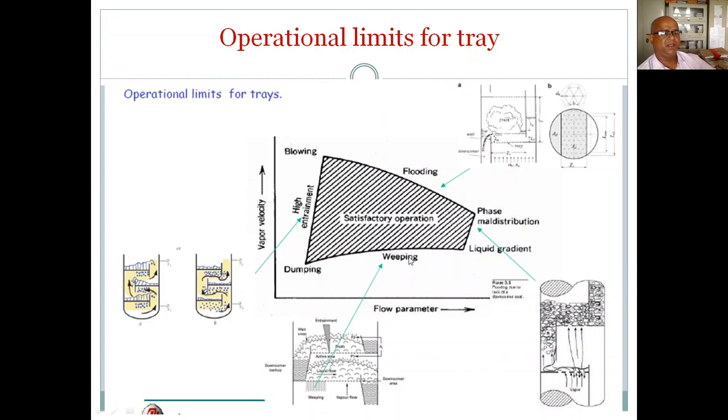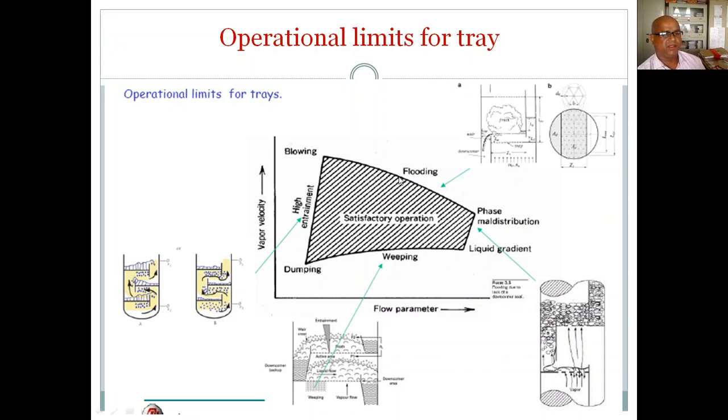But let's take liquid flow rate is high and gas flow rate is also very high. Then flooding will happen.